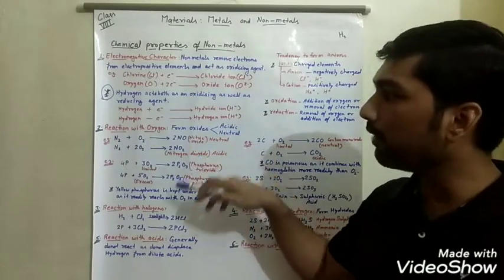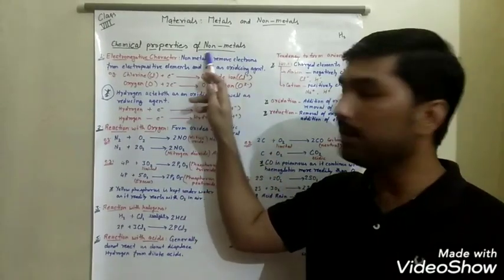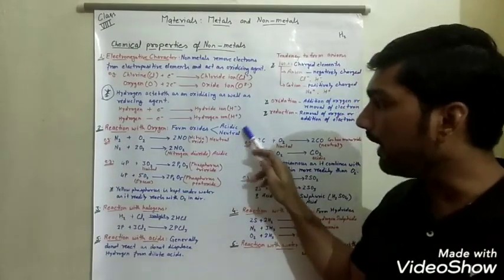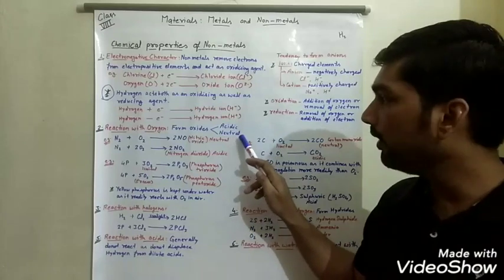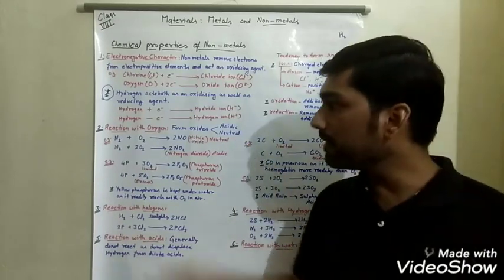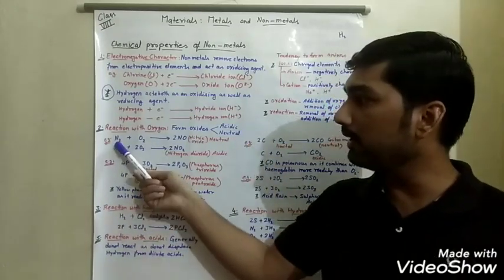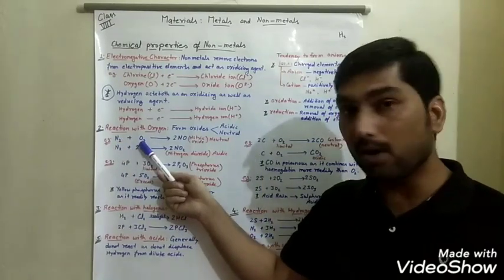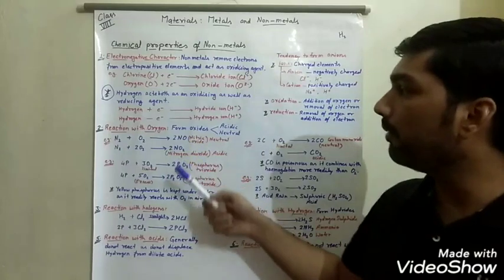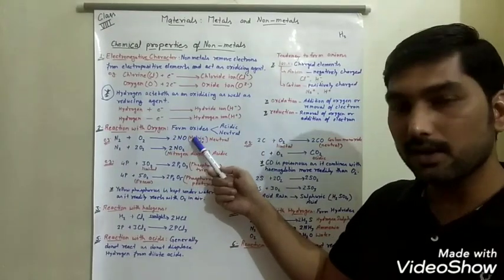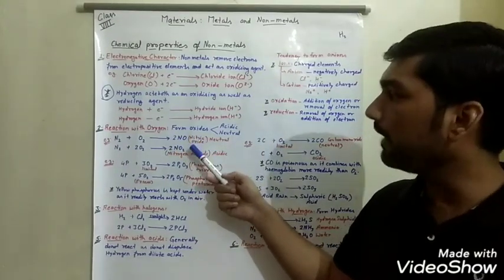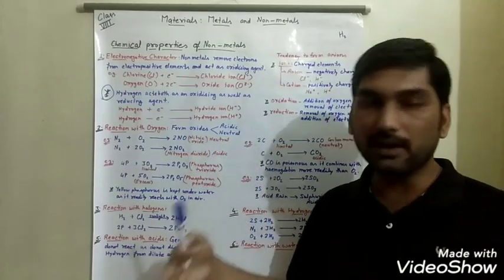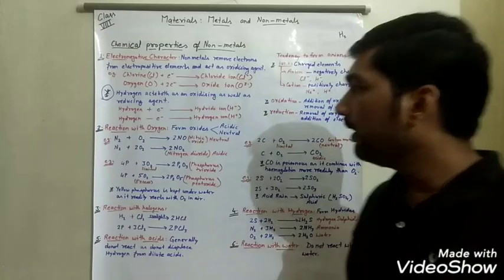But now when we consider non-metals, their oxides are acidic or maybe neutral. The first example is nitrogen. When nitrogen reacts with oxygen, it forms NO, nitric oxide, and this nitric oxide is neutral in nature, neither acidic nor basic.